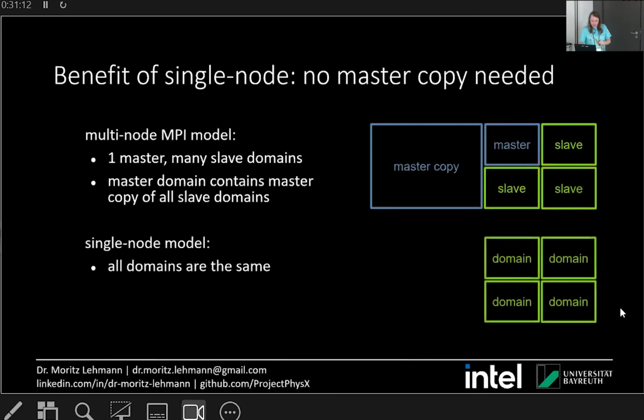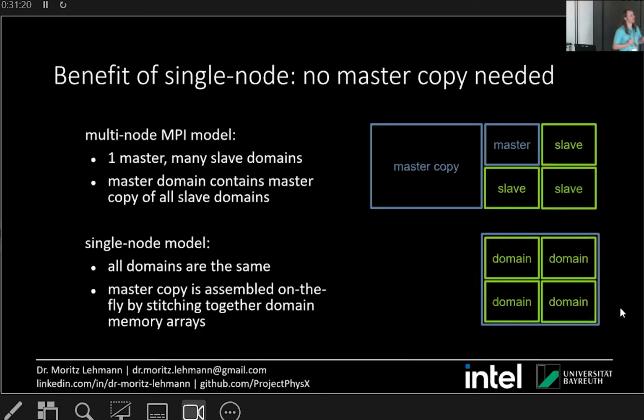With a single node, I can make the master copy assembled on the fly from all of the domains. So for any grid index that is in this big master domain, I can just query which of the small domains it is and which position in the small domain, and then I get the data for it. So I don't need a big copy in memory.